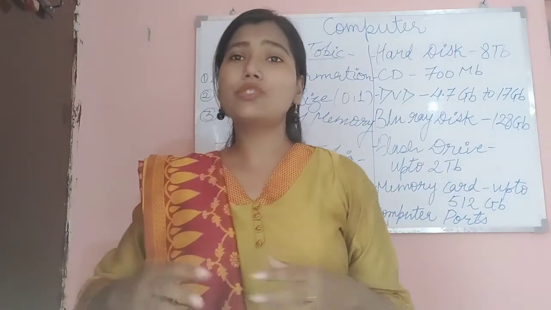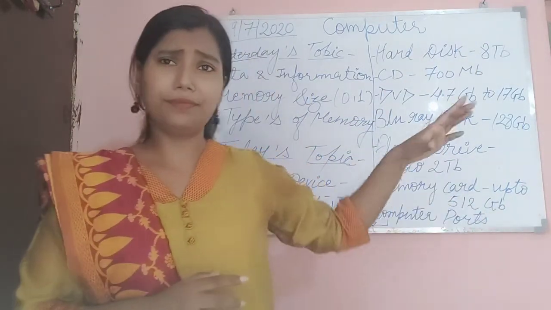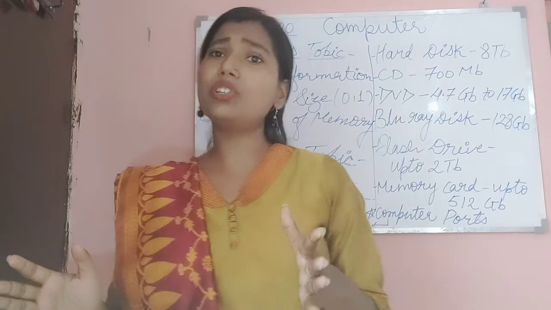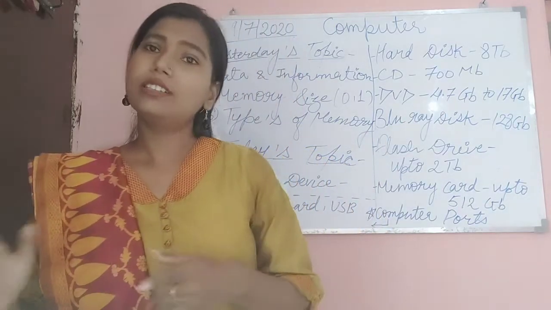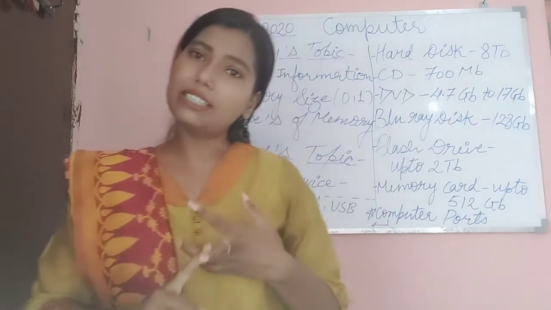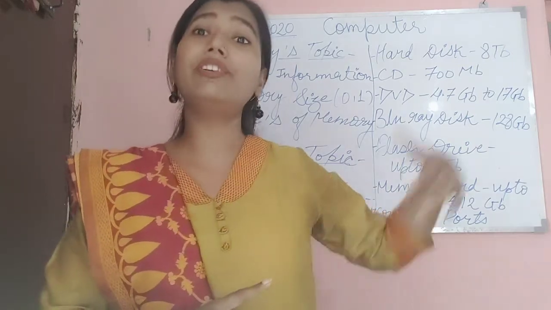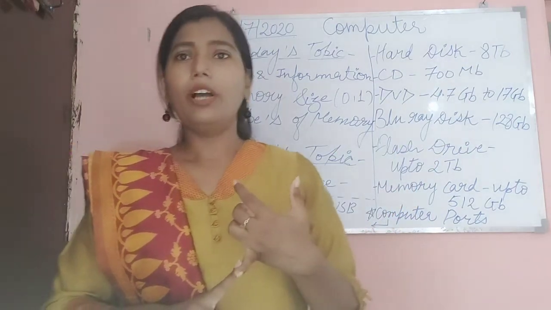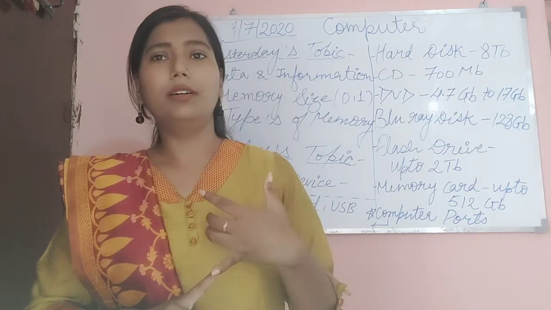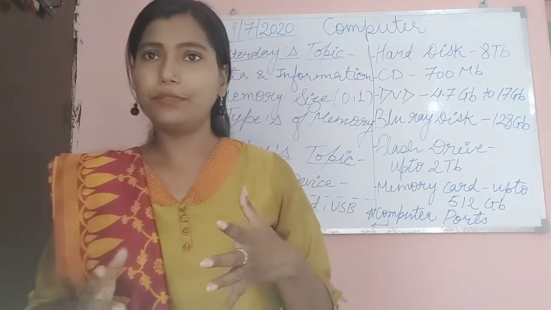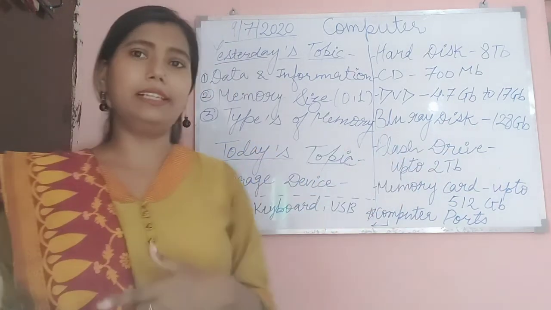Why do I want to keep all these storing devices in one group? Because all are disks. CD is also a disk, Blu-ray disk is also a disk, DVD is also a disk, even the hard disk is also a disk. In the hard disk, there are multiple disks, and CD, DVD, and Blu-ray disk are single in number. This is the only difference between them.